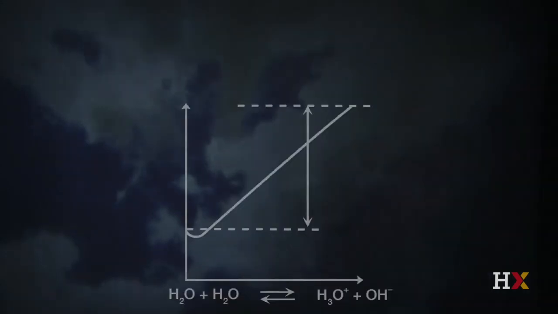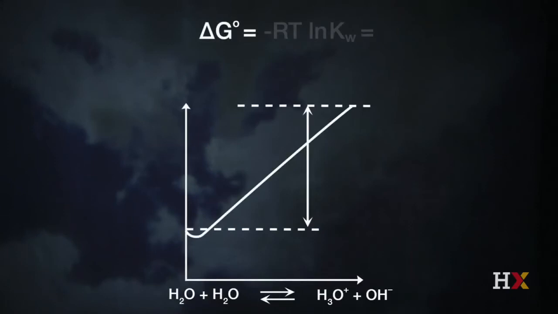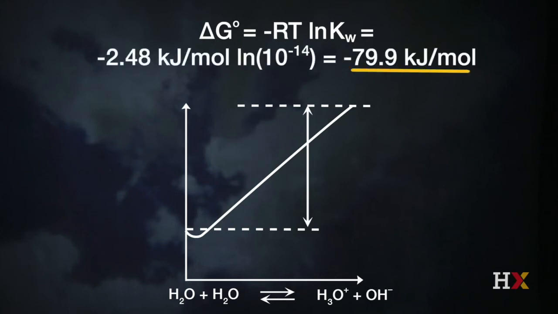Let's look at the reaction in that forward direction. And we know how to calculate delta G is equal to minus RT log Kw, which is equal to plus 79.9 kilojoules. That means that the products, H3O+ and OH-, lie at a much higher Gibbs free energy than does H2O reacting with itself.